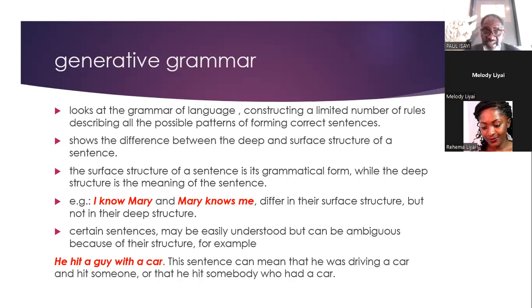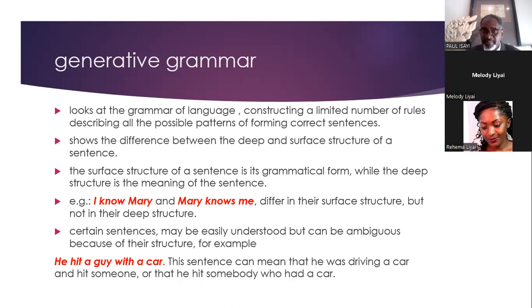The surface structure, you can see there are 3 words in the first sentence, and in the second sentence there are also 3 words. But the word Mary has begun the second sentence, and then the word know has added a letter S at the end. And then the I has changed into me.